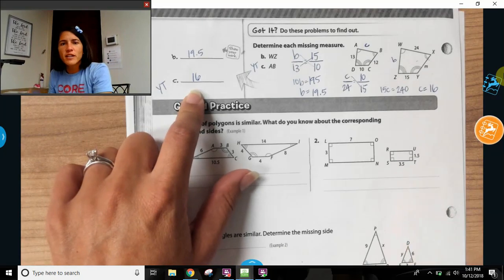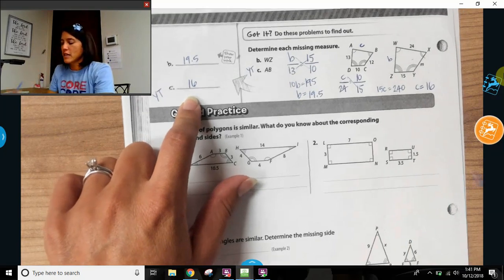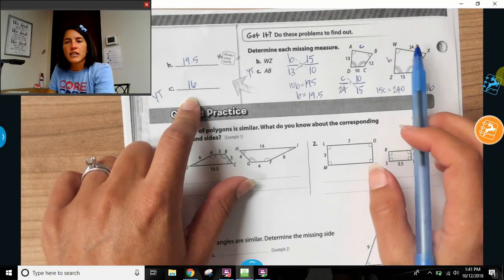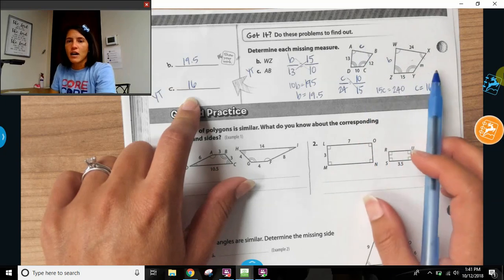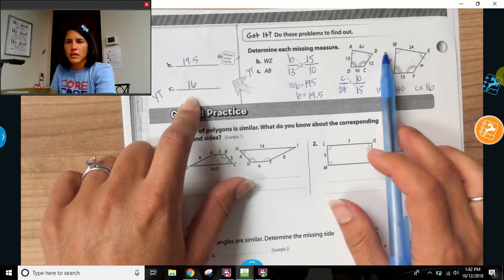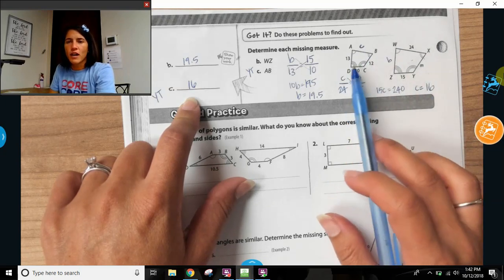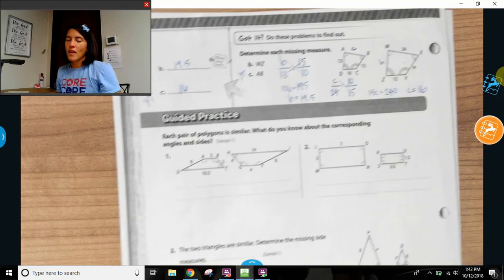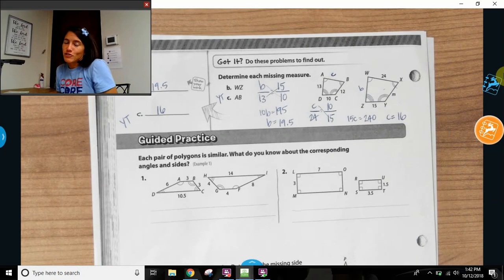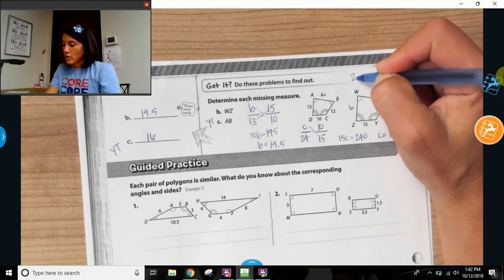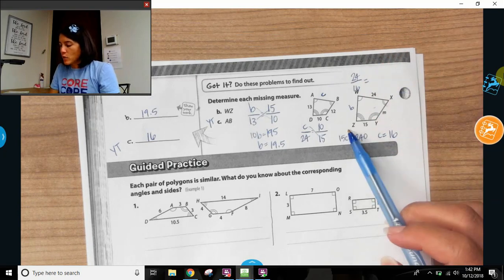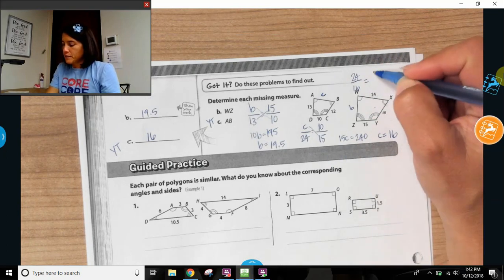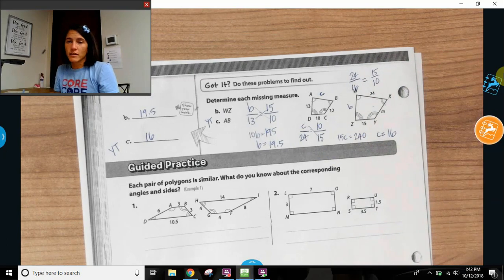And then we can always check and make sure our answer makes sense. C is 16, and so it has to be less than 24, and that makes sense. B was 19.5, and it's bigger than 13. Another way that you could check yourself is you could check that they're proportional. 24 over 16, does that equal 15 over 10?